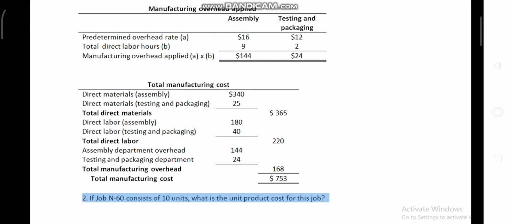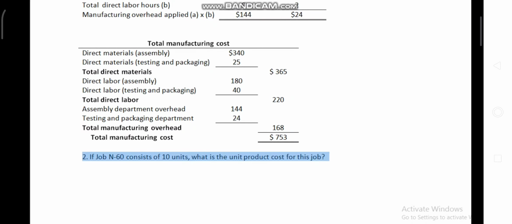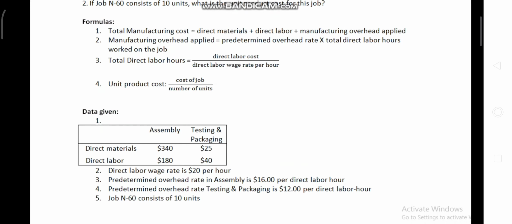Let's solve the second requirement, that is if the job has 10 units, then what would be the unit product cost. The formula for that would be cost of job divided by number of units. Now cost of job is simply the total manufacturing cost and the number of units is 10 units.